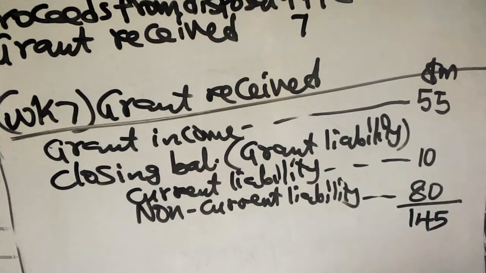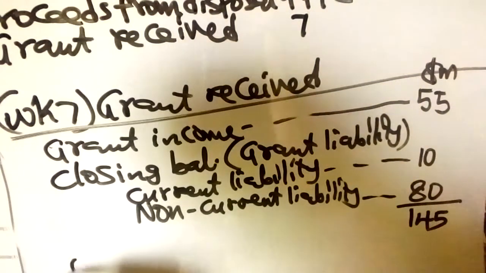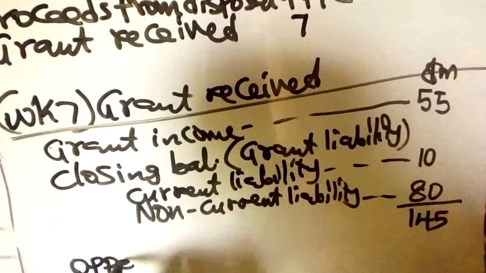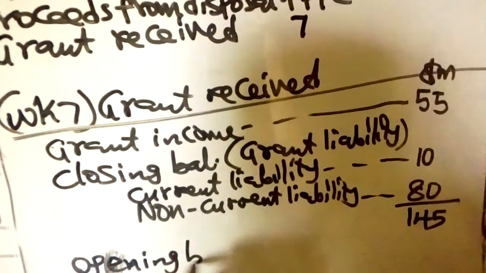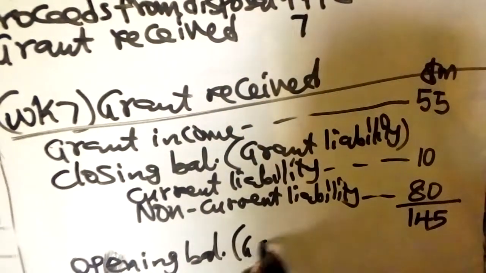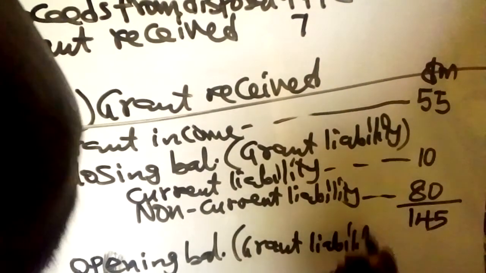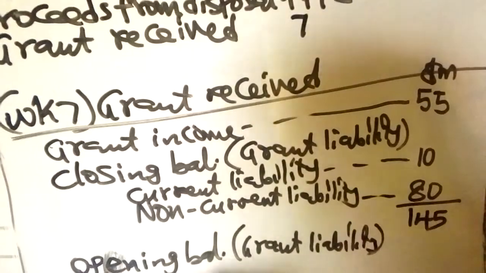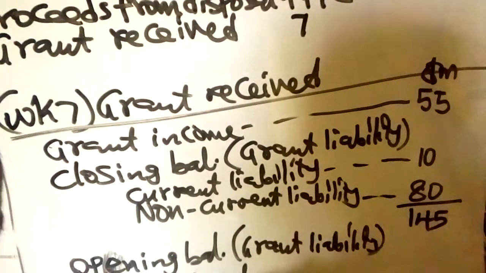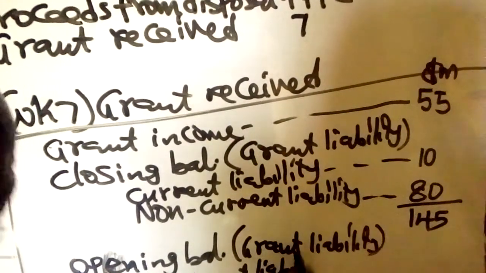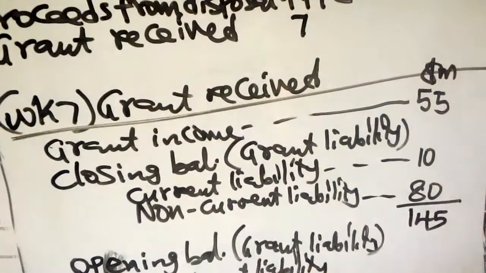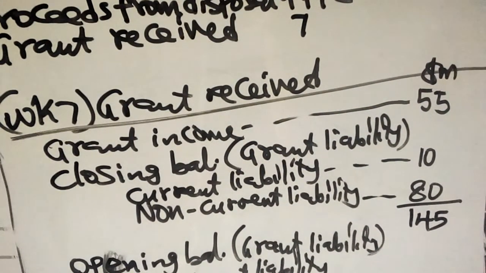Then you less the opening balances. That is your grant liability. The one under current liability, the opening balance, government grant, is 20.